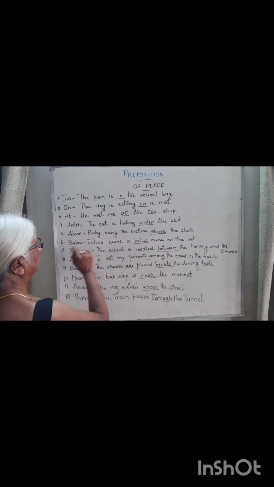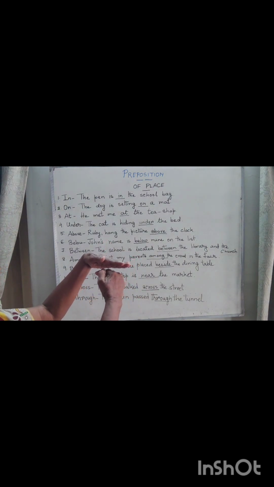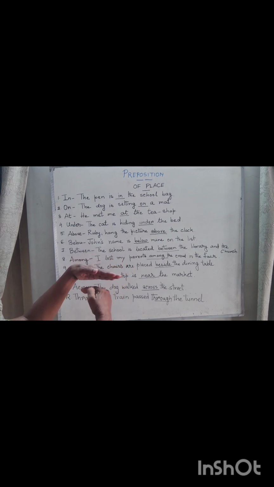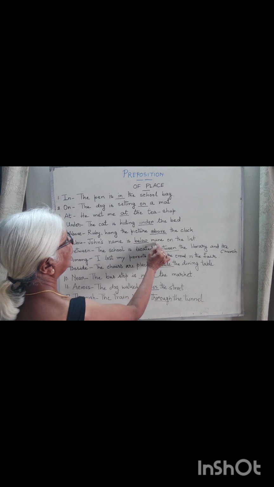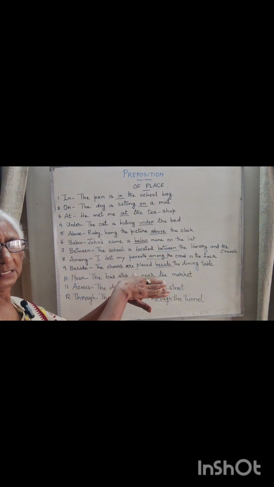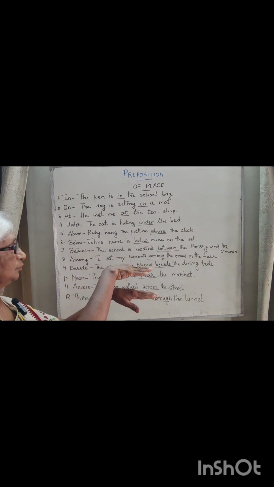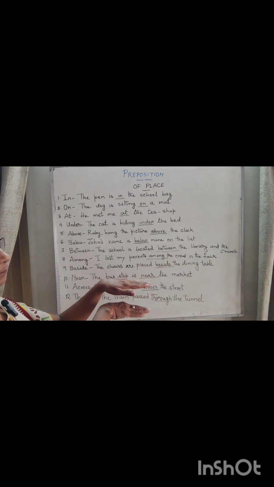Then we come to below. Below is down. Down of something else or under of something else. John's name is below mine on the list. My name is above John's and John's name is below mine.